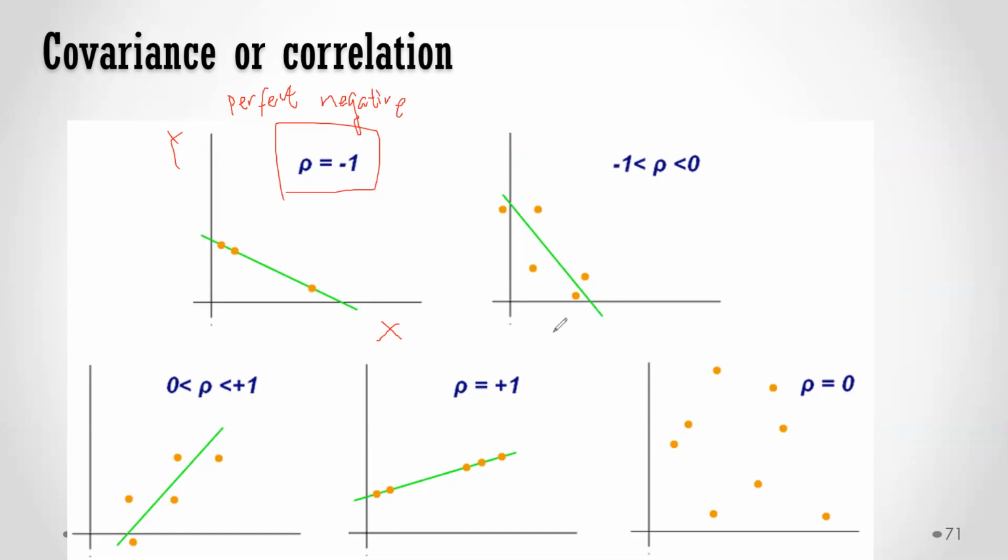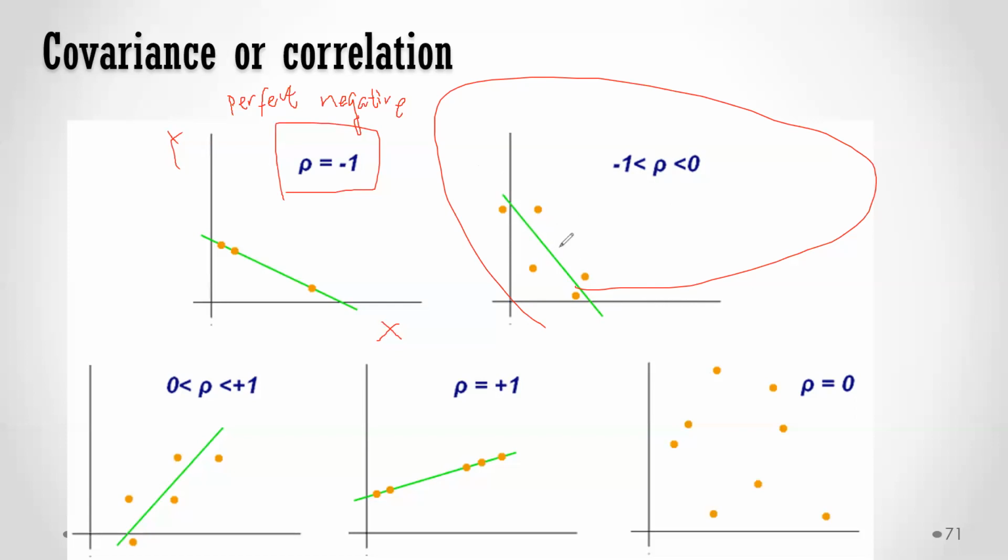And how about the second one? In this case, it ranges between -1 and 0. Not all the points lie on the green line, but we still can draw a green line. Approximately, the points surround the green line.